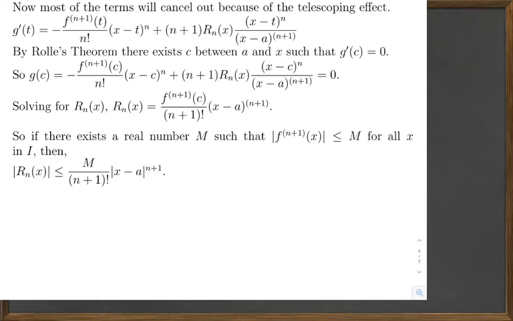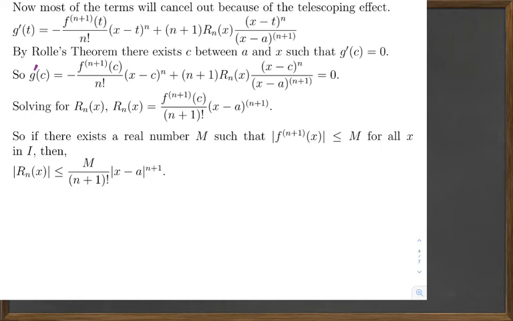By Rolle's theorem, there exists a c between a and x such that g prime of c is equal to 0. So g prime of c is equal to negative (n plus 1)th derivative evaluated at c over n factorial, and so that'd be negative of that, times (x minus c) to the n, plus (n plus 1) times the nth remainder times (x minus c) to the n over (x minus a) to the n plus 1 is equal to 0.